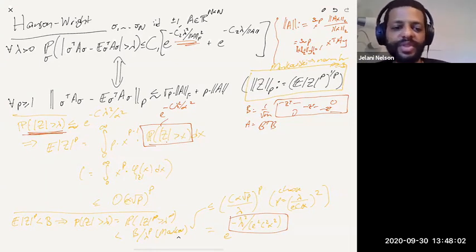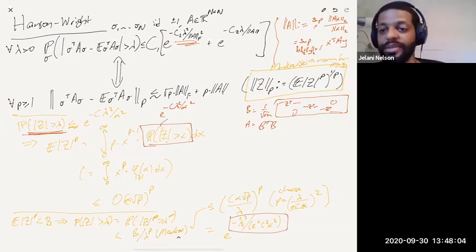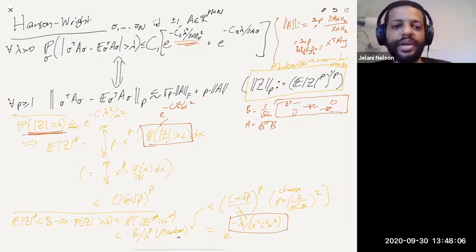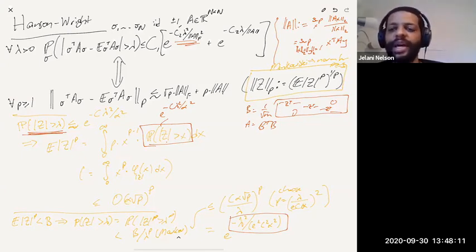So I'm not going to do all these calculations. You can look at the lecture notes if you want in the probability review section. But the punchline is that proving a tail bound like this is equivalent to proving bounds on all the moments, or on all the p norms. So the way we're going to prove Hanson-Wright is to bound all the p norms. That will be equivalent to proving what I wanted to prove.